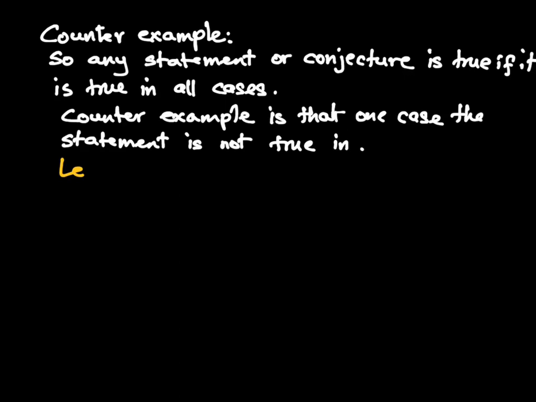That means my statement that if it rains, I stay indoors is false, right? Because at one point I was out when it was raining, and that was a planned decision. It was raining and I went out. So that statement is false because you could find one counterexample.